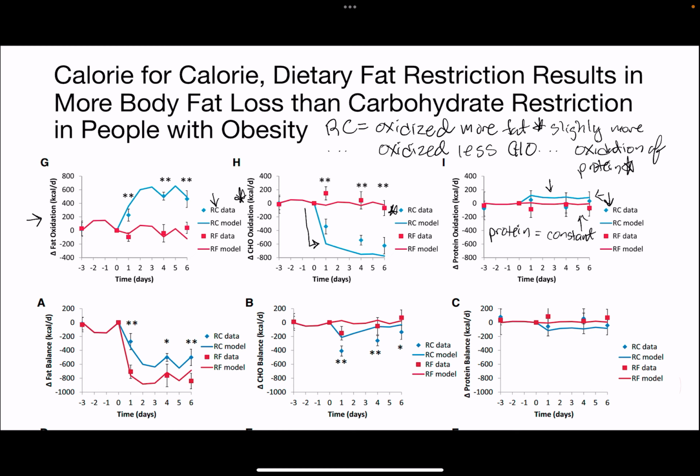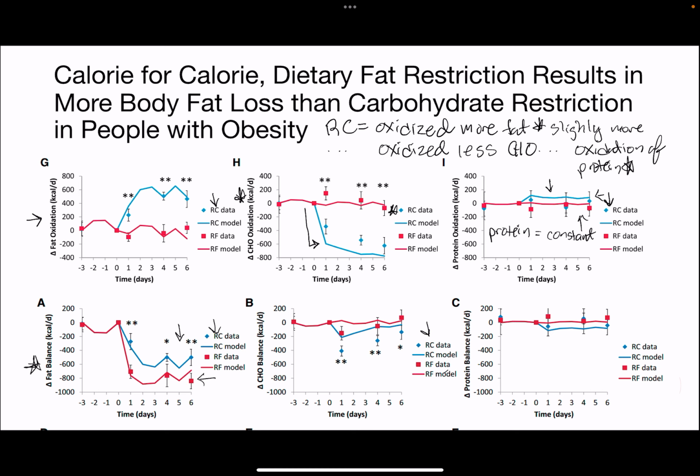So let's look at fat balance. The change in fat balance is higher in the reduced carbohydrate diet. Carbohydrate balance is lower in the reduced carbohydrate diet.